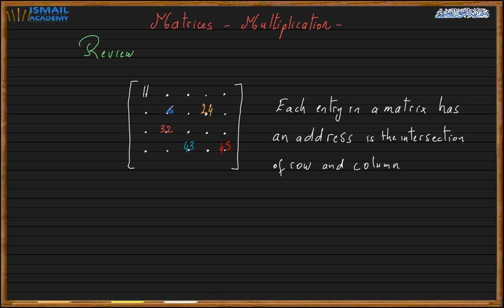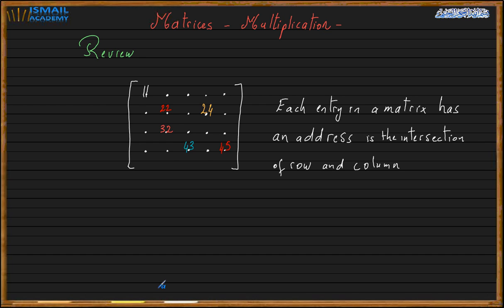That point here is between the second row and second column, so I will name it 2, 2. Please keep in mind this concept is very important. The location of each entry is the intersection between the row and the column.